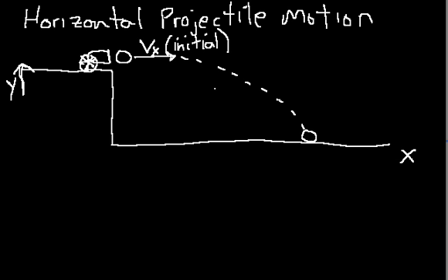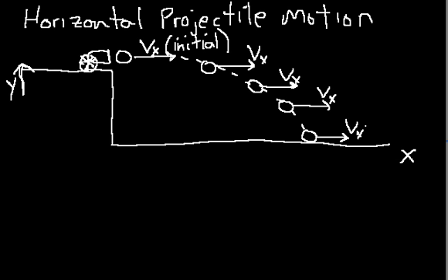And the interesting thing about this projectile motion is that at any point along the trip, this is the cannonball at different points along the trip, the horizontal component of the velocity is going to be exactly the same, and it's going to be v sub x, which is whatever its initial velocity was as it left the cannon.